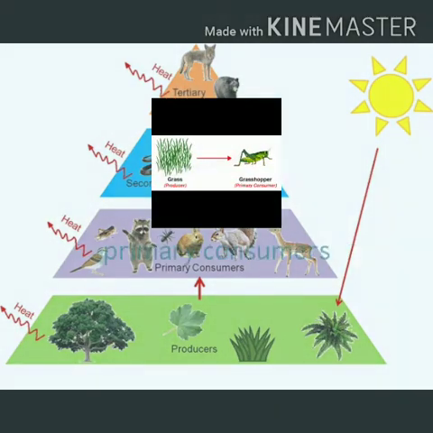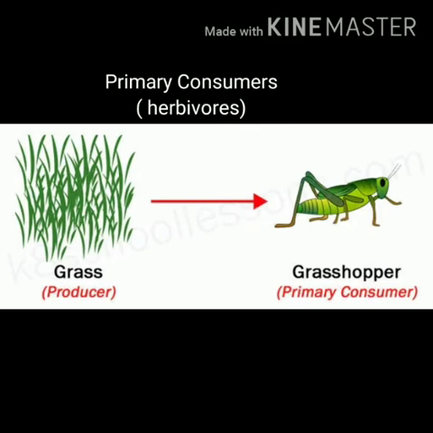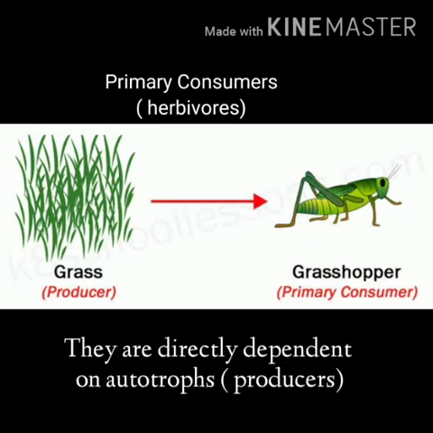So first we have the primary consumers. They are the herbivorous. Examples: elephant, grasshopper, squirrel, etc. The primary consumers directly depend on autotrophs, that is the producers.